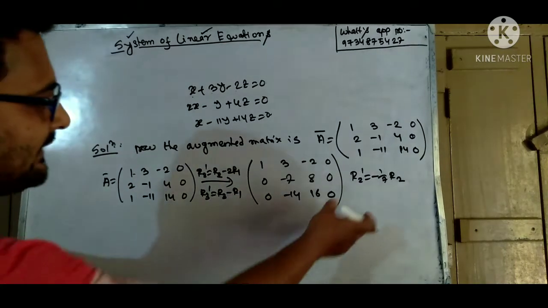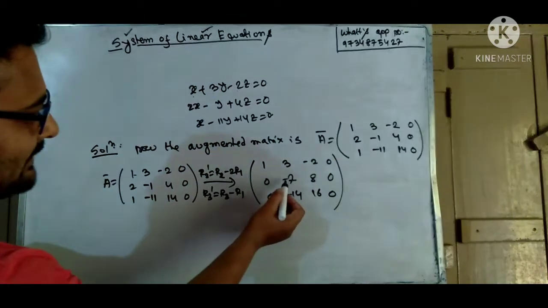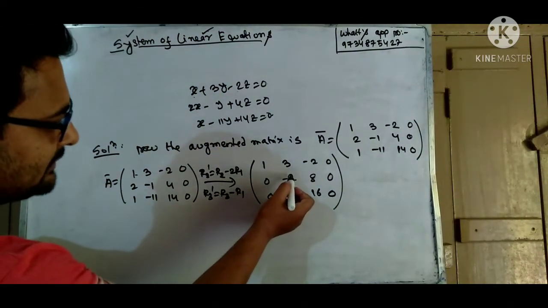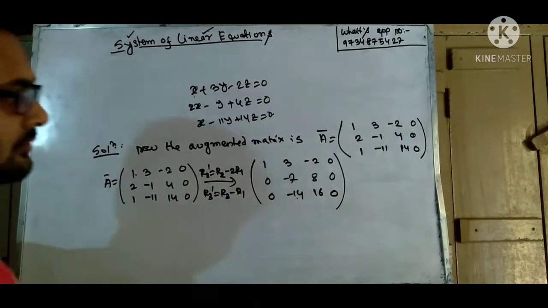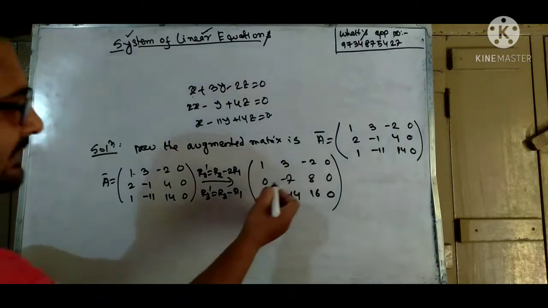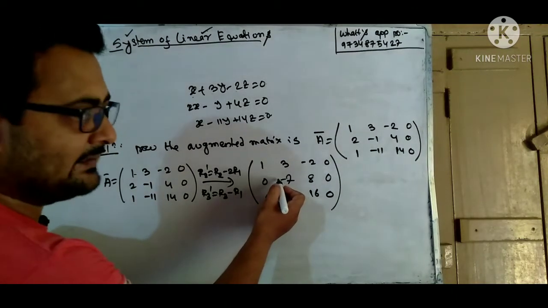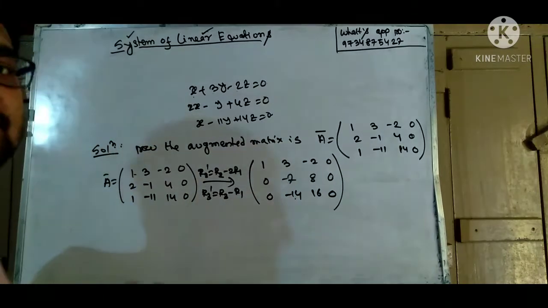So, before applying this operation, let us first use the second row to make the elements of the third row 0. We multiply the second row by 2 and then subtract from the third row, then these elements become 0.